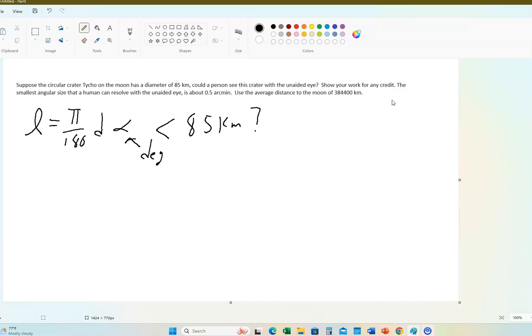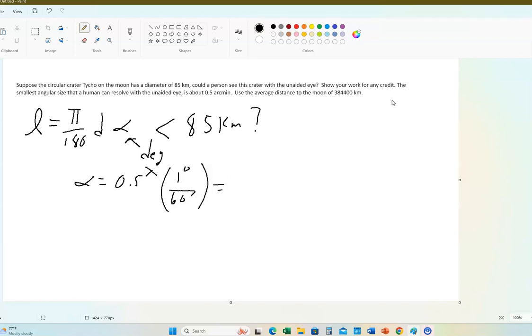So we have that alpha is 0.5 arc minutes. Here, I'll just use a single hash mark because it's easier. It turns out that in 1 degree there are 60 arc minutes, so the arc minutes cancel.